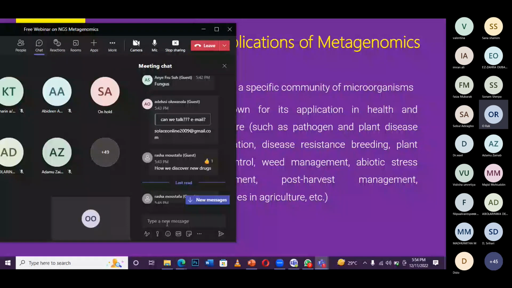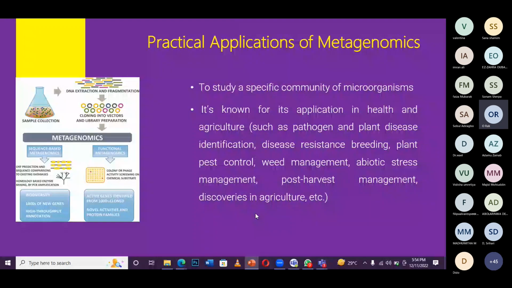In this area of metagenomics, when it comes to the oil industry, most times they work on metatranscriptomics, a combination of metagenomics and transcriptomics together. And it sheds light on the development of probiotics and so much more. I've already said it, so let's proceed.